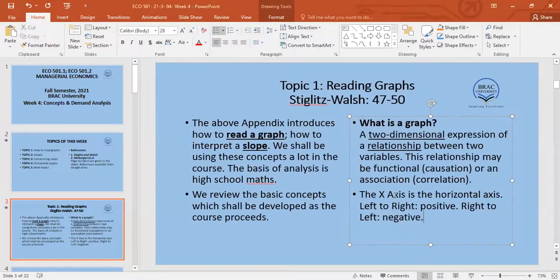So the x-axis is the horizontal axis. When we use the word horizontal, doesn't our calculation go like this? We're moving horizontally. Yes, sir.